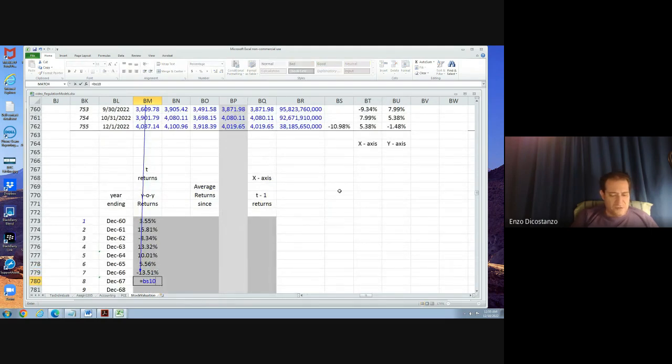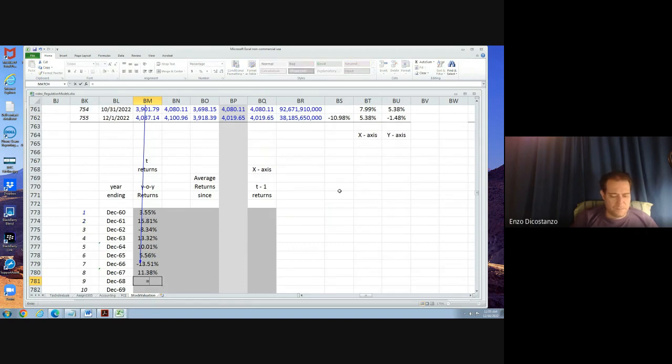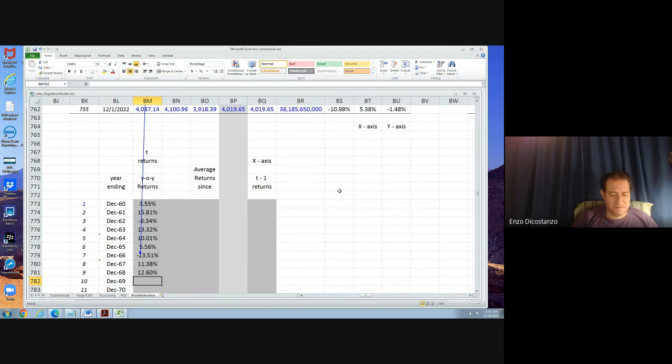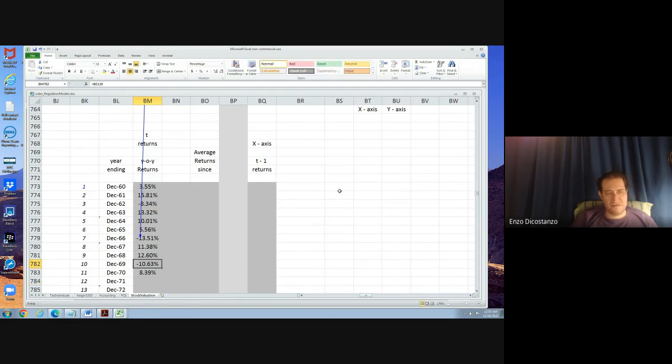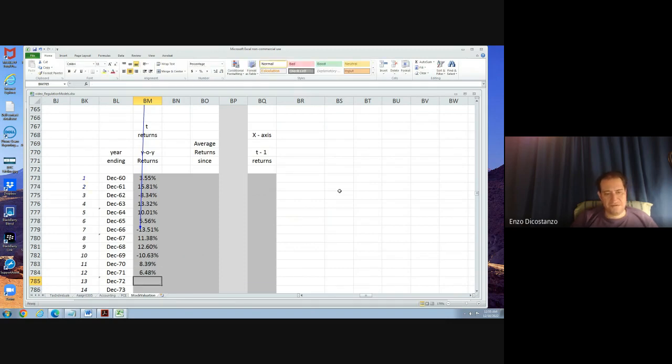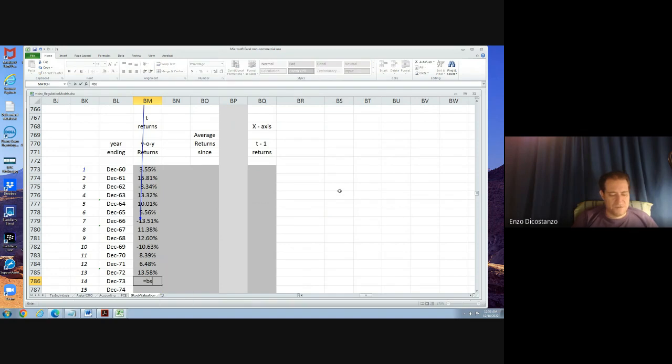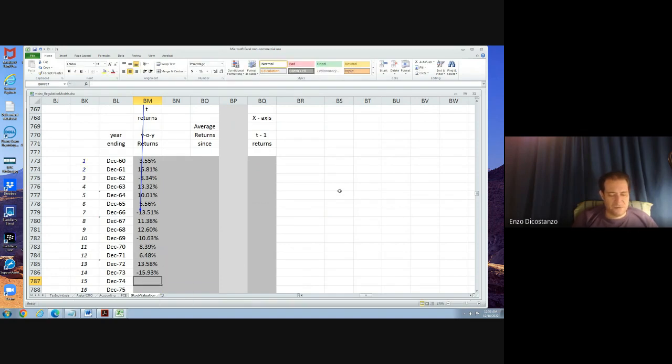Bravo Sierra 102. Bravo Sierra 114. Bravo Sierra 126. Bravo Sierra 138 equals Bravo Sierra 150 equals Bravo Sierra 162 equals Bravo Sierra 174.